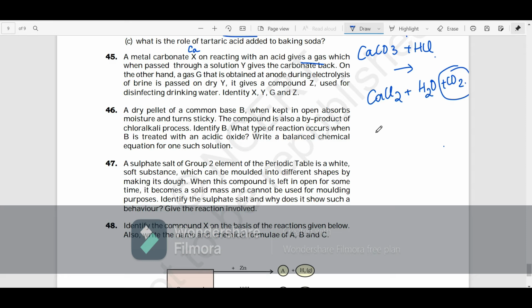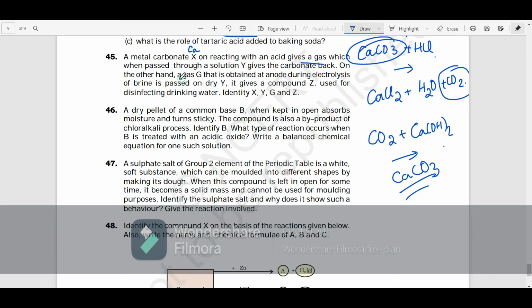This CO2, when passed through a solution of Y, gives the carbonate back. See, carbon dioxide, what is the test? Calcium hydroxide addition. So this is finally going to give calcium carbonate back.